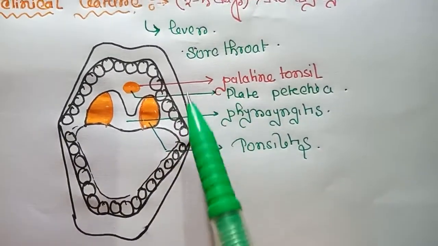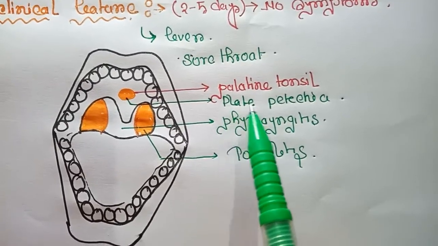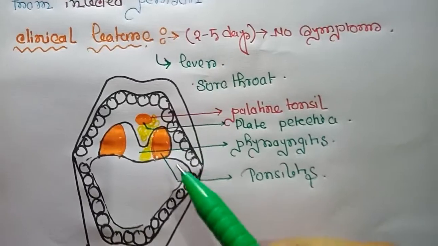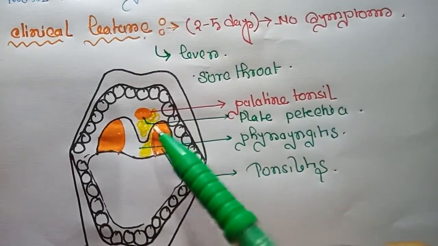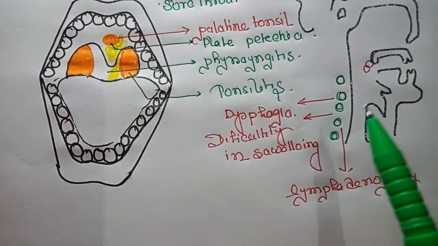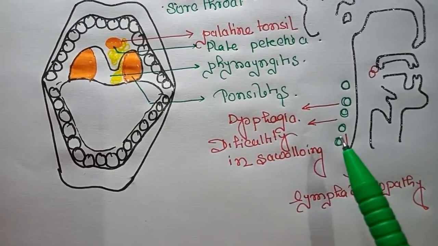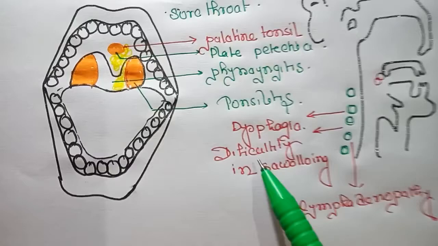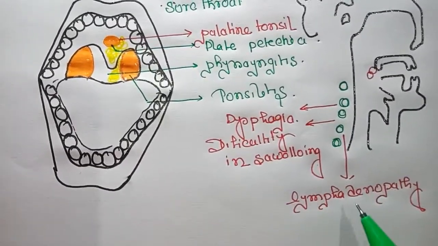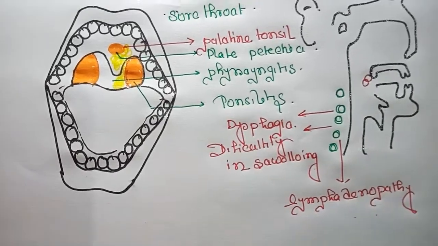You can also see yellow exudate. Other features of group A Streptococcus tonsillitis include dysphagia, difficulty in swallowing, and tender cervical lymphadenopathy.